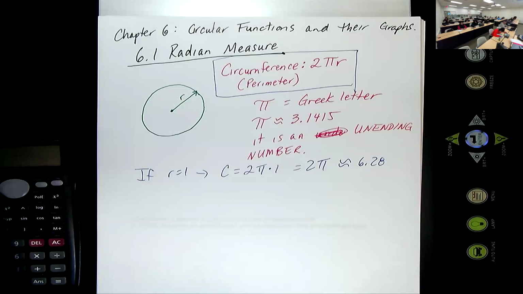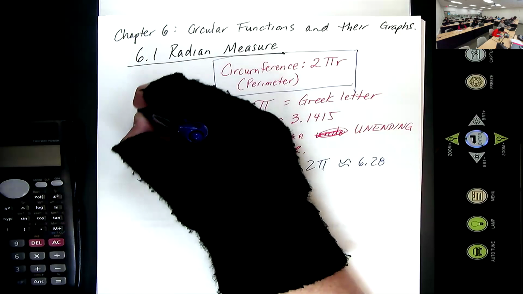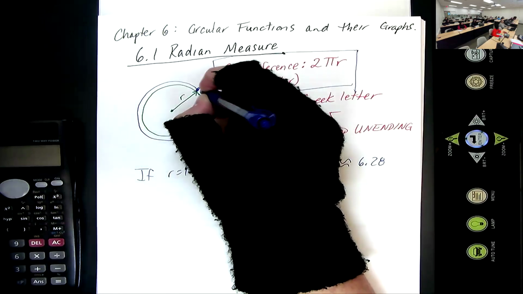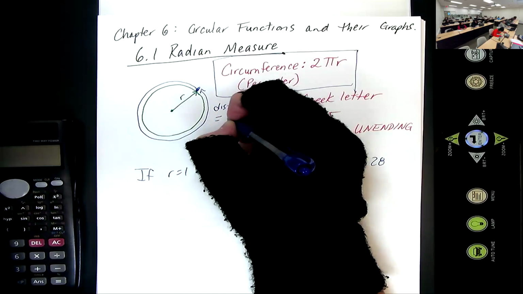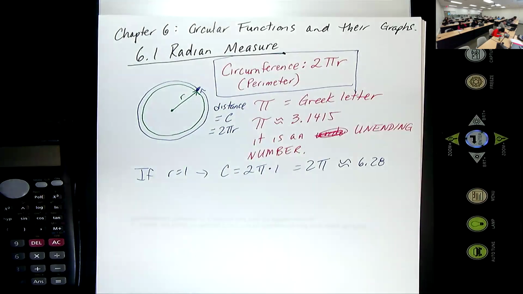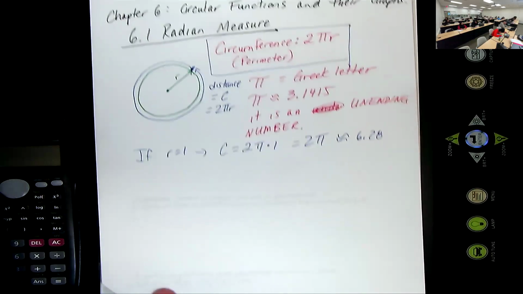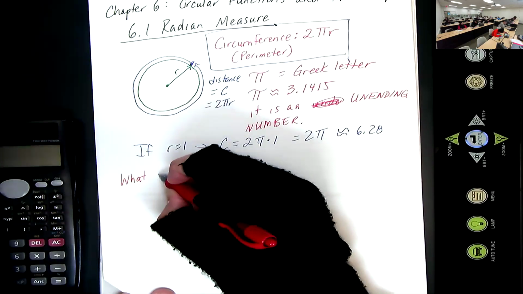So circumference is going all the way around the circle. If I started here and I went all the way around, the distance around is the circumference. What if I went around a half circle?